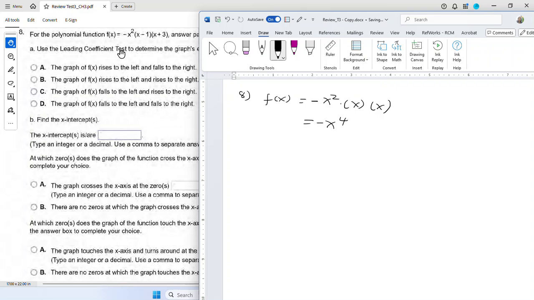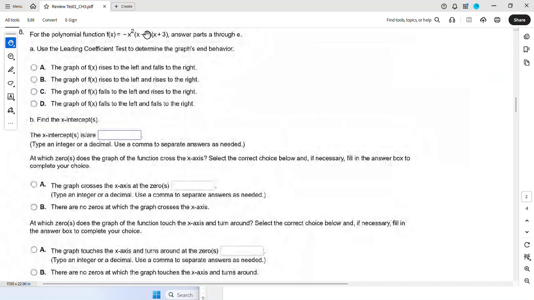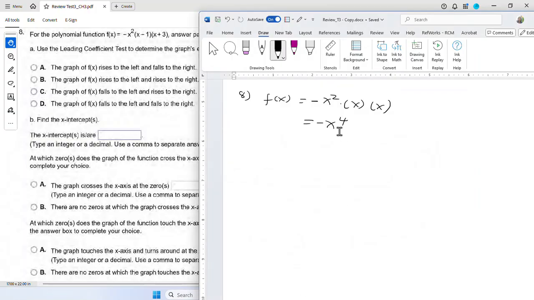All right, this one has degree 4, because if you cover the negative 1 here, you get x to the fourth, and the same with the 3 here. So this is a degree 4 polynomial.